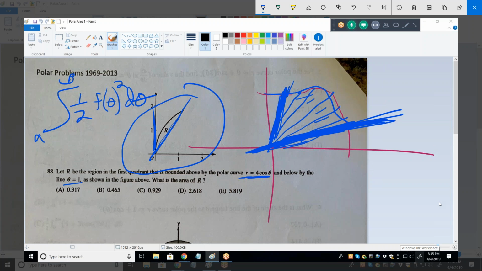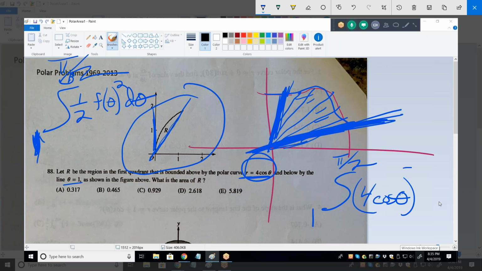Pi over 2. So this goes from 1 to pi over 2. What is the function? It's 4 cosine theta. So the formula is the integral from 1 to pi over 2 of 4 cosine theta, all of it squared, d theta.